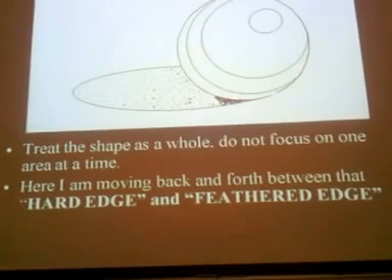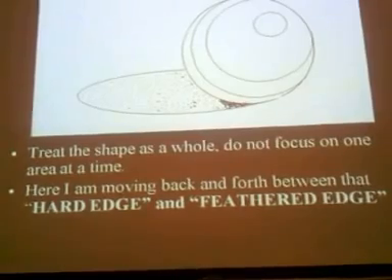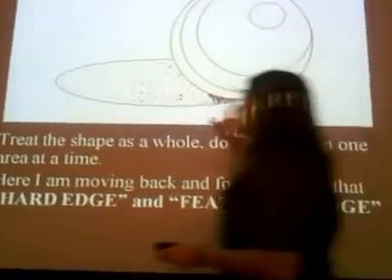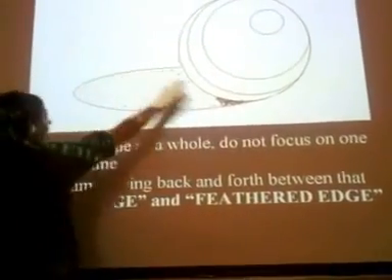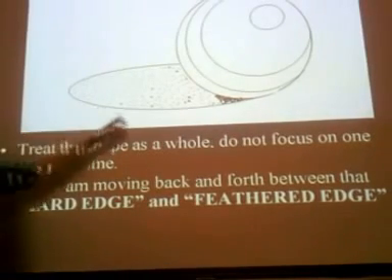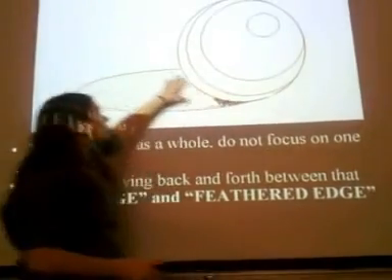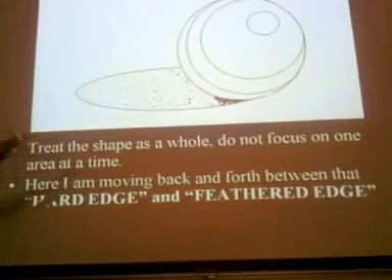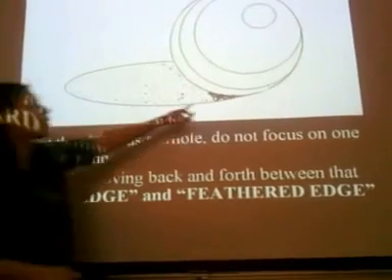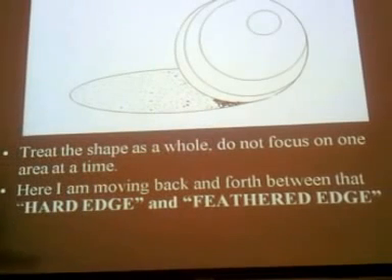Now, as we do the cast shadow in your actual portrait of your animal, the first step is to block out all the shapes. So first we outline the shapes, we block them out. The second step is to treat every single shape as a whole. So this whole shape right here, it's wise to work on it as a whole, not to focus on one singular area, but to actually spread out and make all the dots evenly.